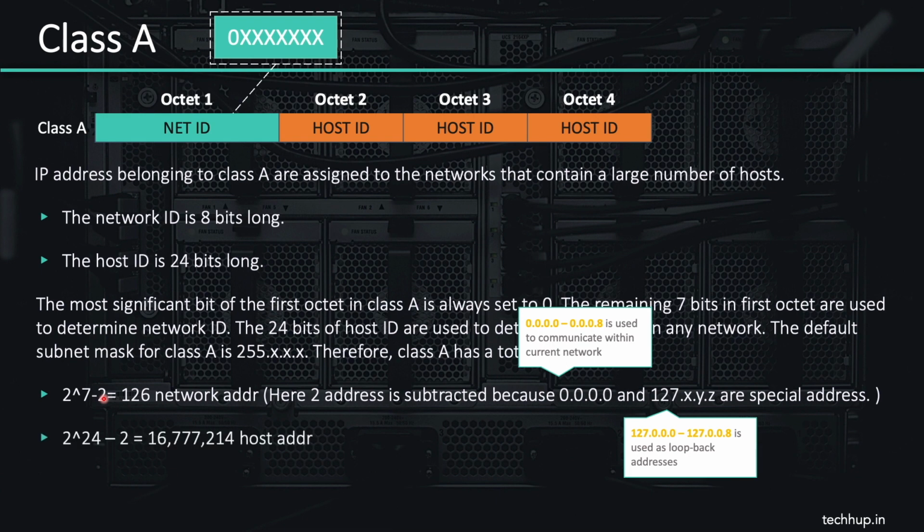So in terms of the number of hosts that can be added to this particular class, can be calculated by raising 2 to the power of the number of host bits, and then again subtract 2 from the resultant, and that would give you the number of host addresses. And this is the range of IP addresses that is supported by class A.